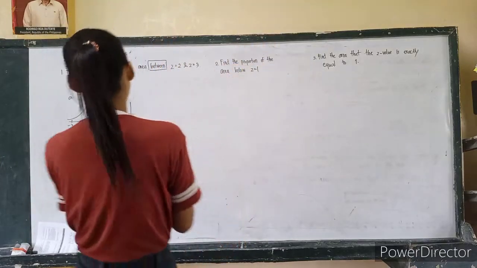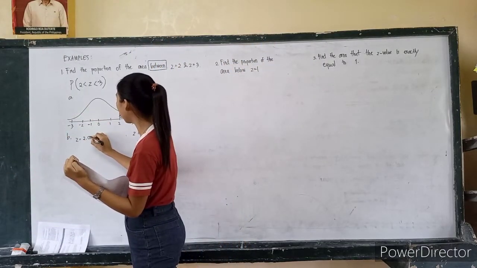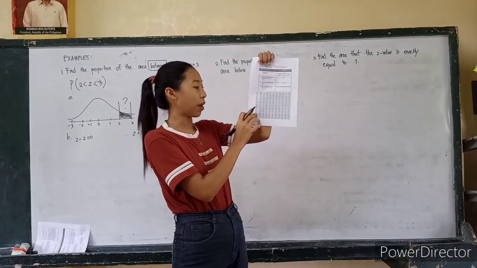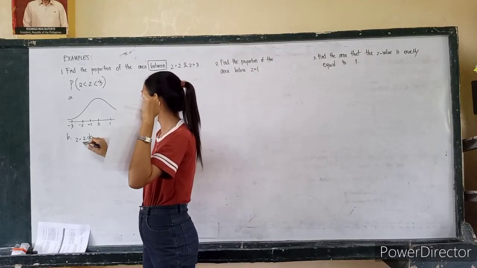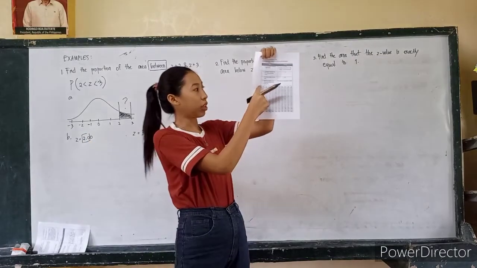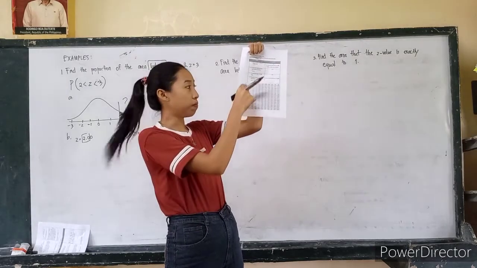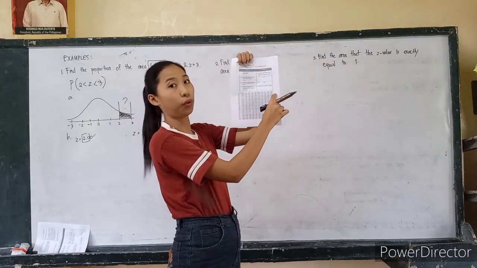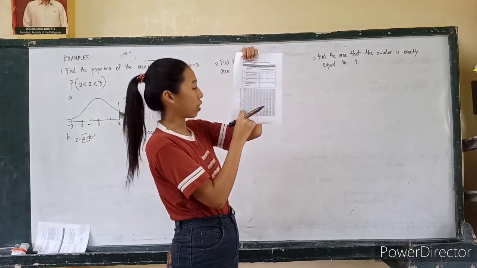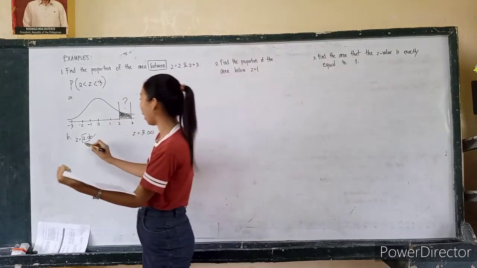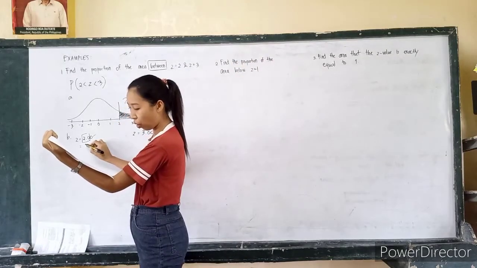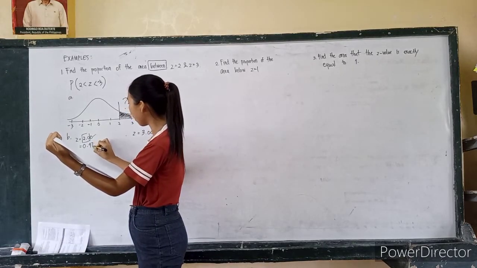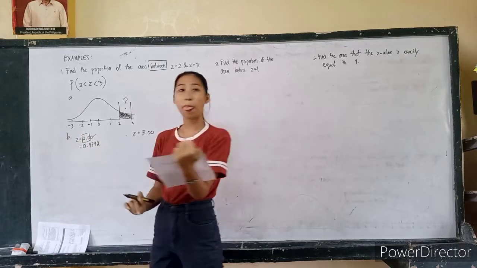Now, 2.00, di ba? Ang atong button is i-convert nato ni siya into 3-digit values. Gamito nato ang first 2 digits, dinhi. Tapos, gamito nato ni siya nga column. Tapos, ang last digit is gamito nato diri sa row. Di ba? So, 2.0 is this one. The value or the z-table value of 2 is 0.4772.